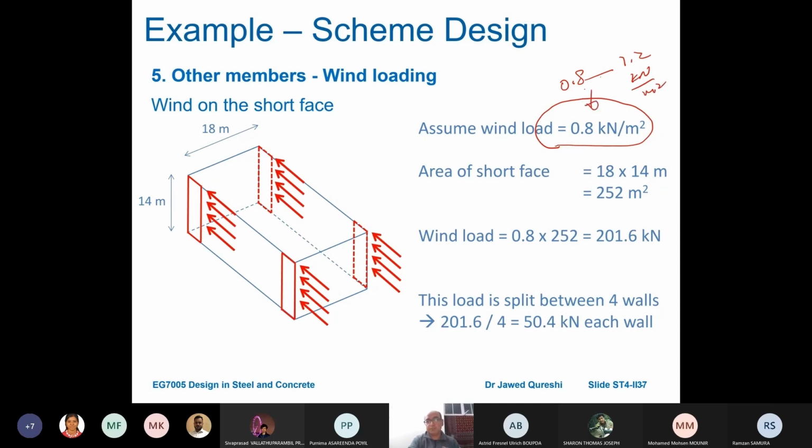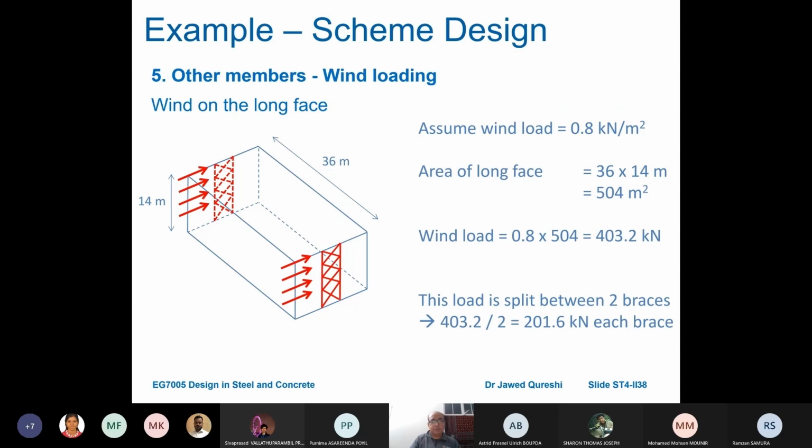So we have assumed 0.8, though you can assume 1 as well. The area of the short face is 14 by 18. You multiply this wind load with the area to get the total wind load, and this is split equally between 4 shear walls, so you divide it by 4. On each wall, you will have 50 kilonewton load.